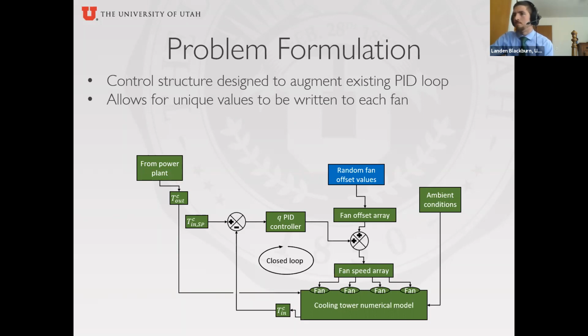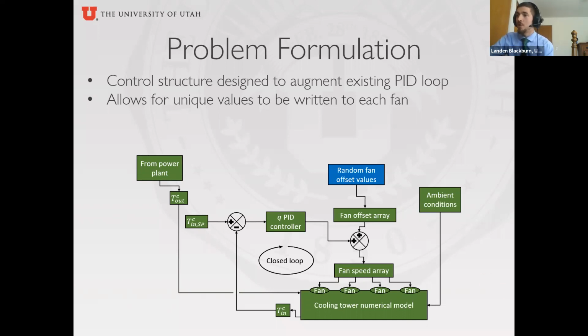In order to break up these fans, we took this offset array and snuck it in between the PID and each of the fans. These are unique values that adjust the individual settings for the fans. We intentionally chose this, rather than replacing the PID controller, so the PID controller can still maintain temperature control. We're just adjusting the relative settings of the fans relative to the PID value that we're currently at.